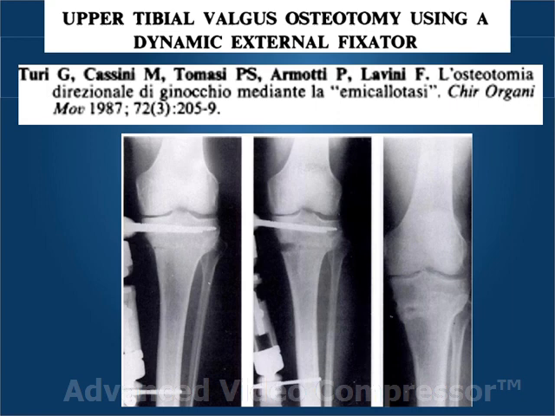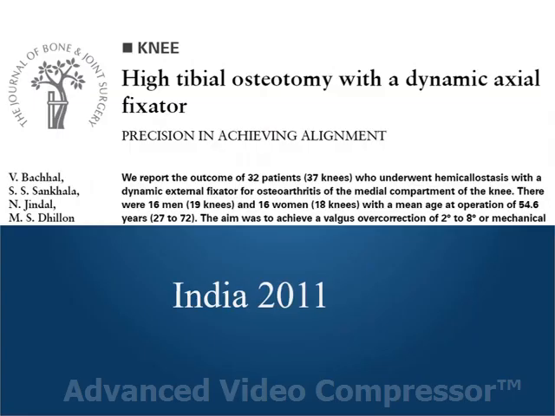This technique they called hemicallotasis and has become very popular wherever external fixation is used. This method has also been used in India and is extremely popular the world over.